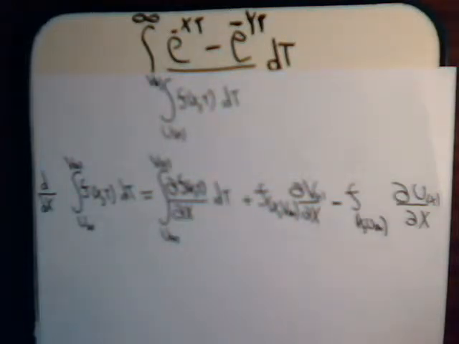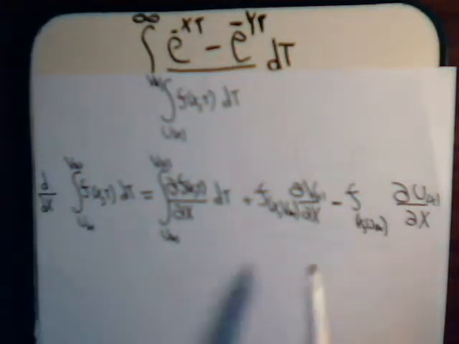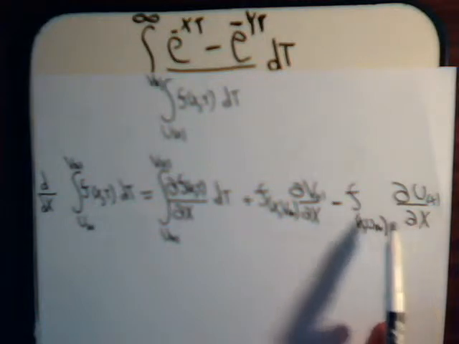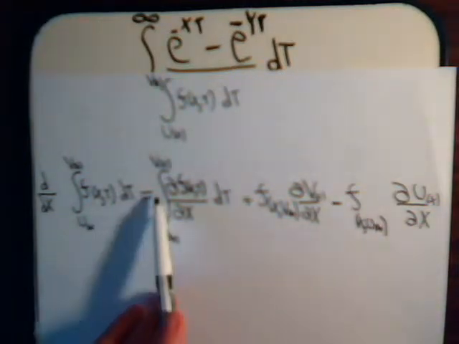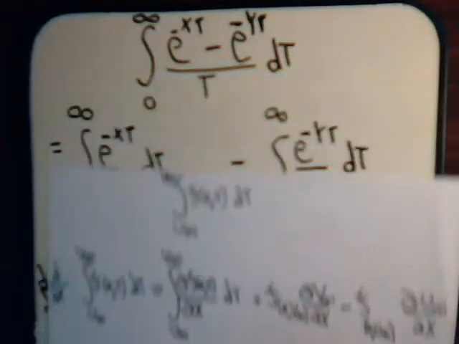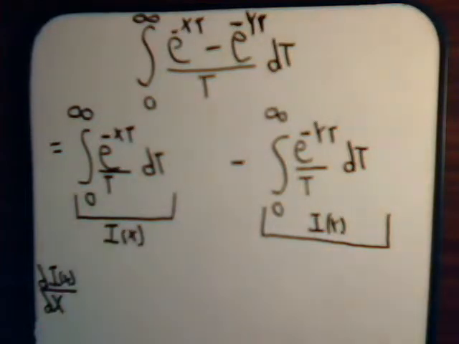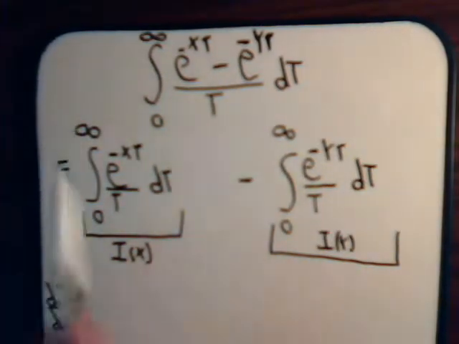For this general case, the limits are functions of x. For our problem, they're constants, so this derivative and this derivative are 0. So to get the derivative of the integral, we have only this first term to deal with, because with our problem we have constants as our upper and lower limits on the integral.